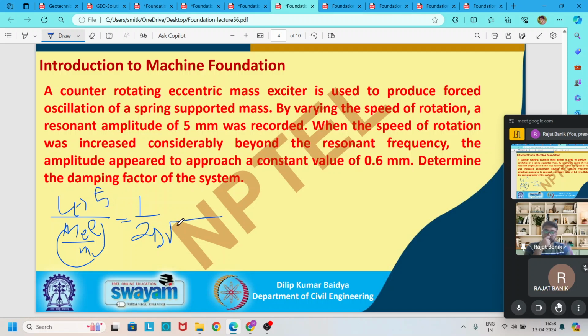Actually, this actual equation is 1 divided by 2d into root over 1 minus d square. But we know that the damping ratio is very small, so we neglect this term. And this U in this case is 5 mm. When a constant value is achieved, which is 0.6 mm, we said that this ratio becomes 1.